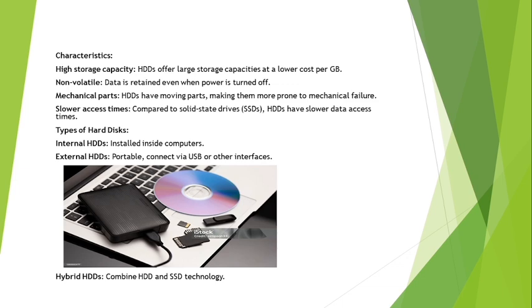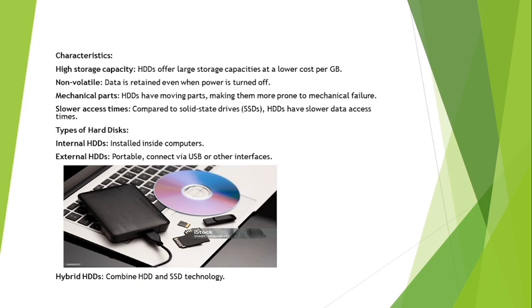They are non-volatile: data is retained even when power is turned off. So if you store data on the hard disk, it can't be lost, unlike the RAM. They have slower access times compared to solid state drives, SSDs. These SSDs are what we are using in the modern world, and they have faster data access times.